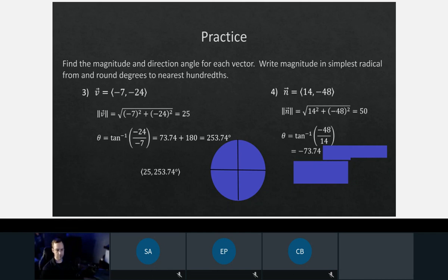All right, so we always start at 0 degrees. Okay, that's not my pen tool. Why is it not working? Because my touchscreen's not working again today.